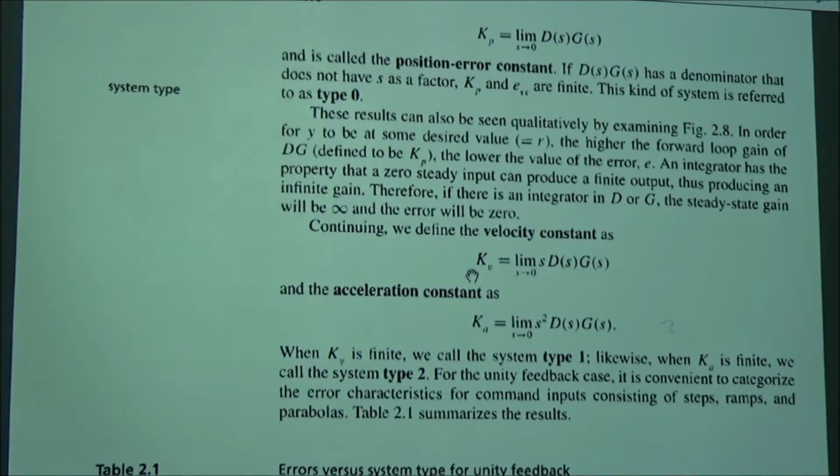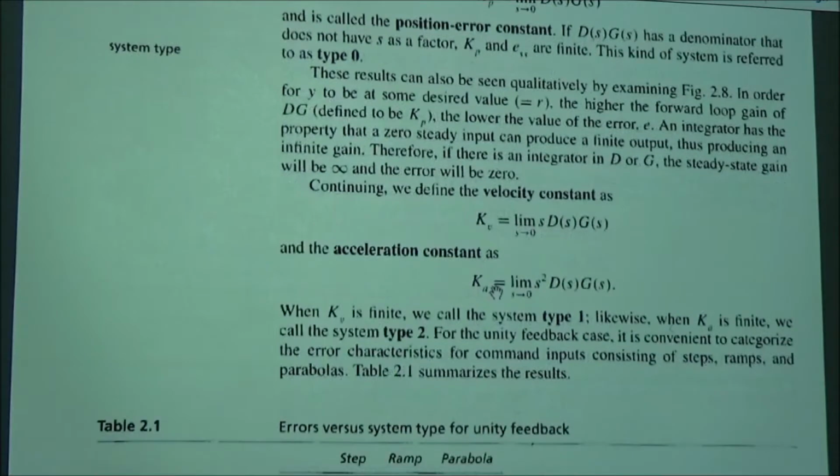When you have a ramp input, for example, and a type 1 system, you have a velocity constant situation, and you have 1 over Kv as your error. If you have an acceleration input, where you have a parabola as your desired input, your acceleration constant is the limit as S goes to 0 of S squared D times G.